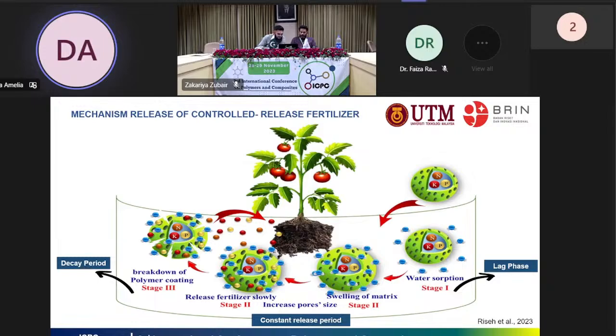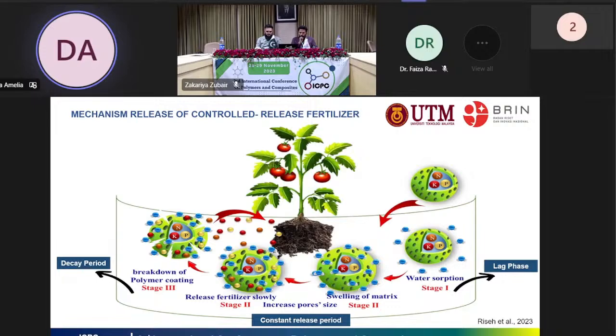In the next step, more water continues to penetrate the core, which leads to the solubilization of more solid nutrient, increasing osmotic pressure and accumulation of the critical water volume of saturated solution, allowing the constant release of fertilizer through the coating pores or the swollen hydrogel network.